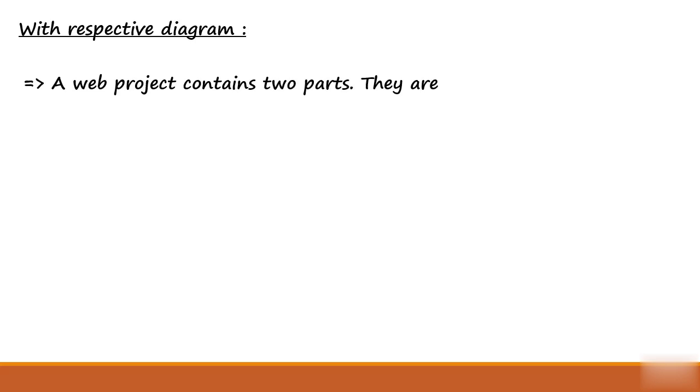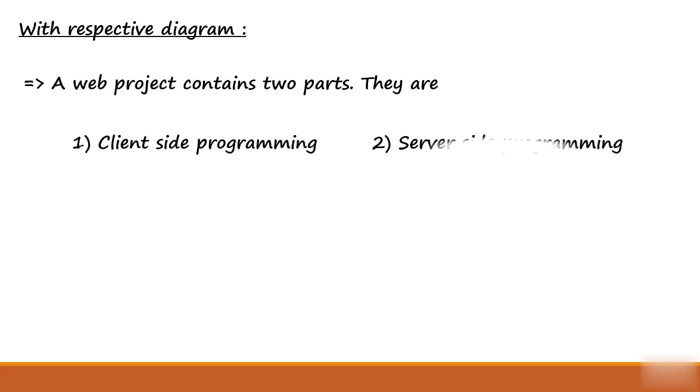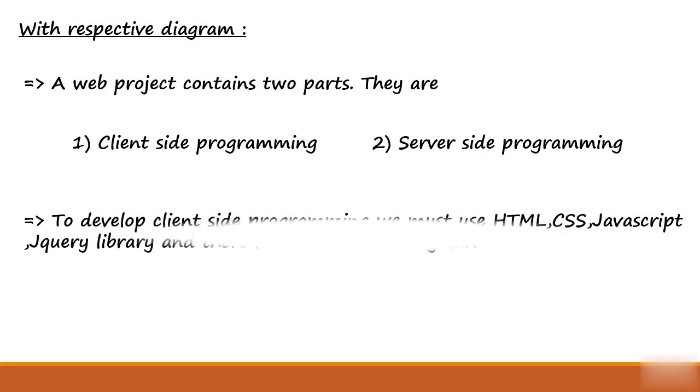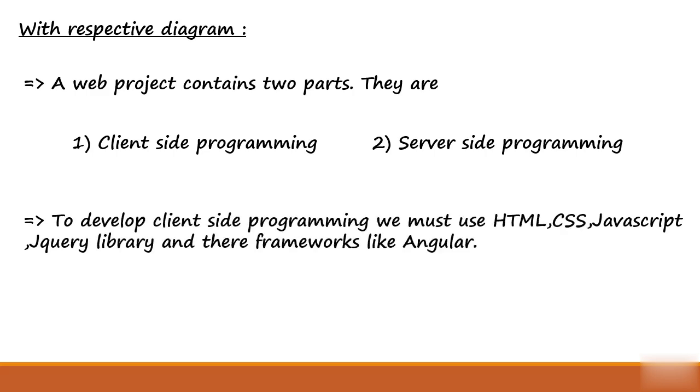A web project contains two parts, client-side programming and server-side programming. To develop client-side programming, we must use HTML, CSS and JavaScript or the jQuery library. The jQuery library is developed by using JavaScript, and there are frameworks like Angular or React.